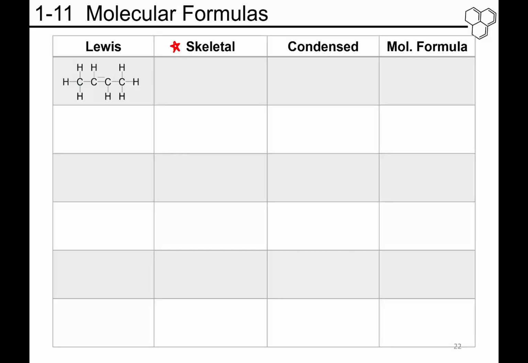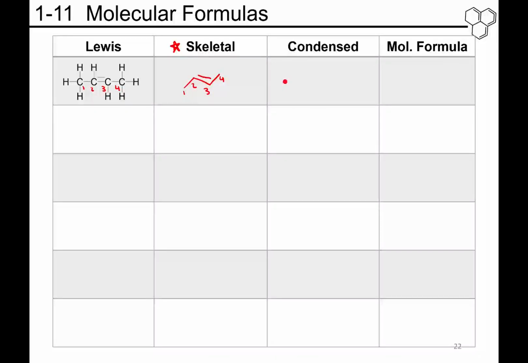So if we were to transform this Lewis structure into a skeletal form, we would end with something that looks like this, where we have 4 carbons, and in between carbons 2 and 3, we would have a double bond. The condensed form would tell the reader exactly how all of the atoms are attached, but no bonds would be shown.